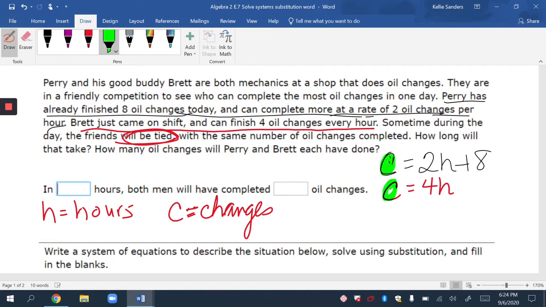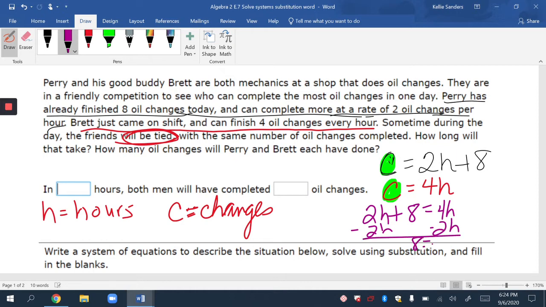See how the C and the C are already solved for each other? So we're going to say 2H plus 8 equals 4H. Just like what we did in E6. We're going to subtract the 2H. And then we would divide by 2. So our hours is 4 hours.